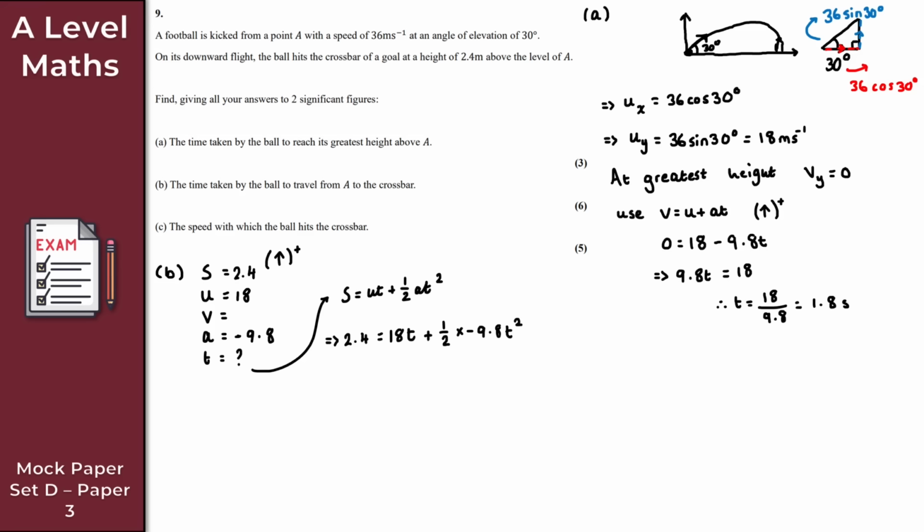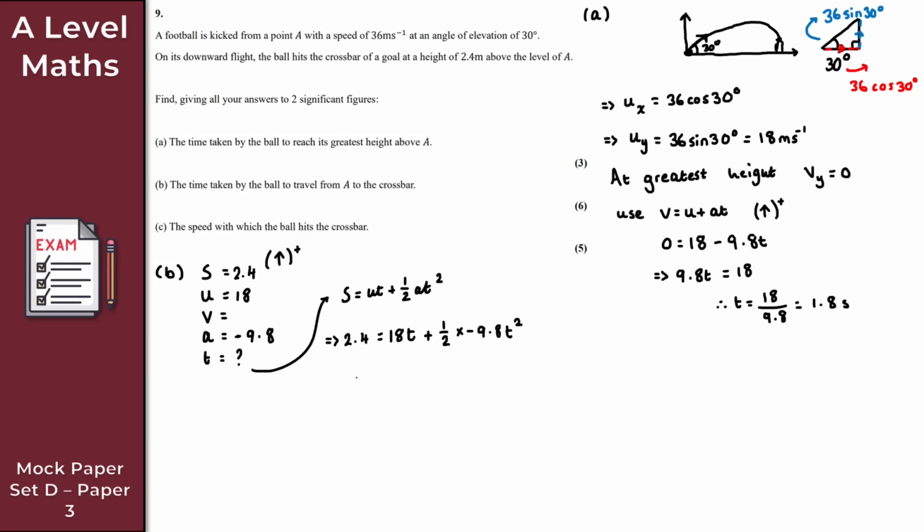What we want to do now is just solve for T. What you might have recognized straight away is that we're going to get a quadratic equation in terms of T, so there's a very good chance that when we solve this, we're going to get two solutions for T. We'll see how we deal with that in a moment. For now, let's simplify this.